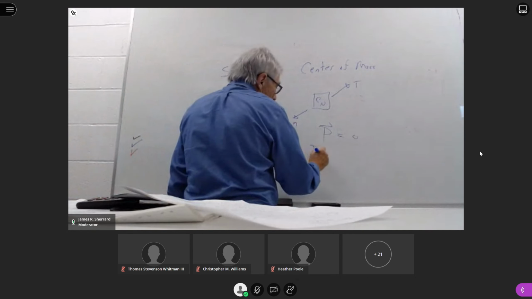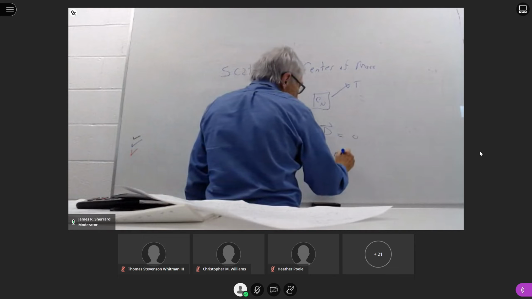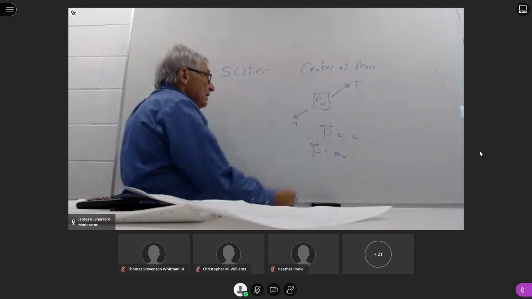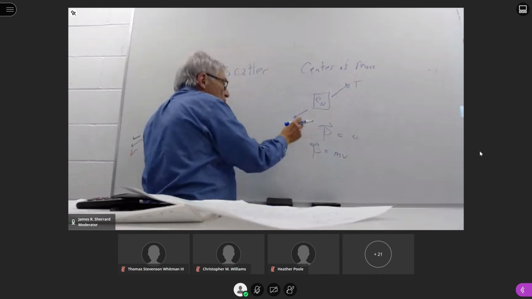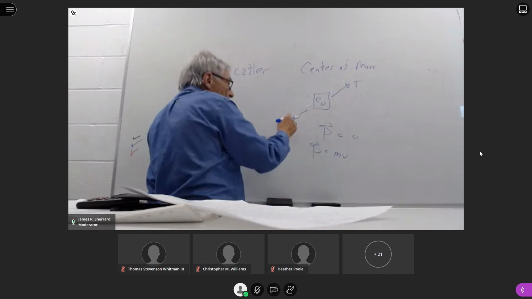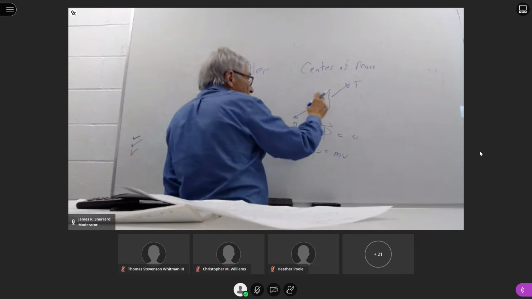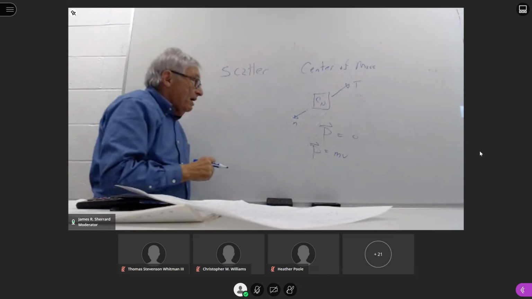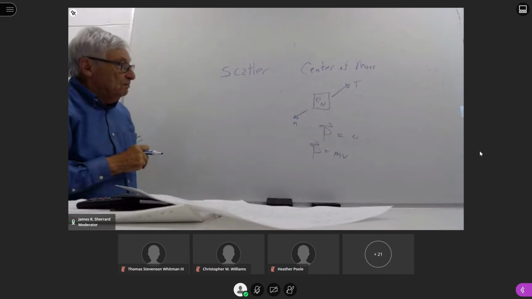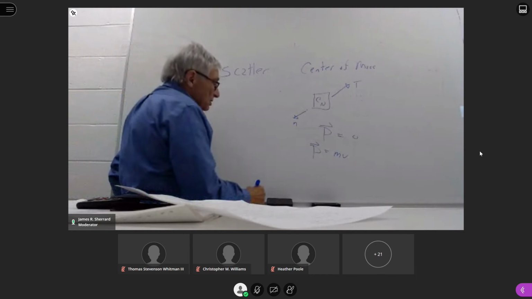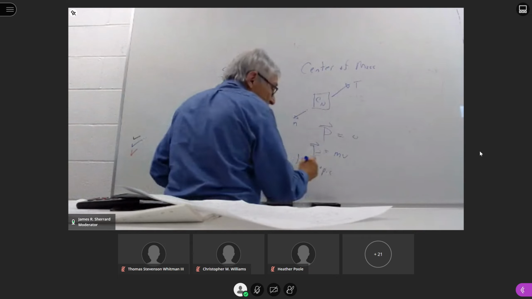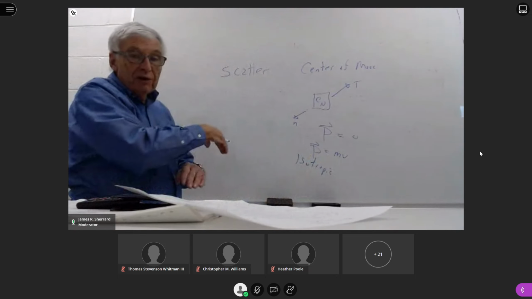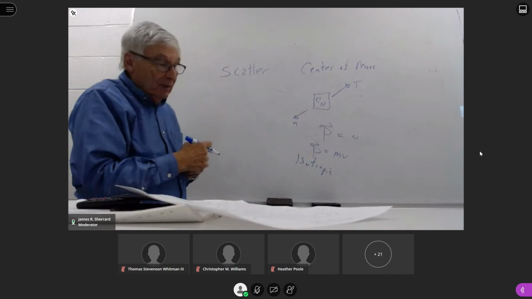So, and remember, momentum is defined as mass times velocity. So this mass times its velocity is a vector going in that direction. The neutron mass times its velocity is a vector going in that direction. This vector must exactly equal that vector to have that cancel out. So we also know that this is isotropic, which means the scatter has an equal probability of going in any direction.